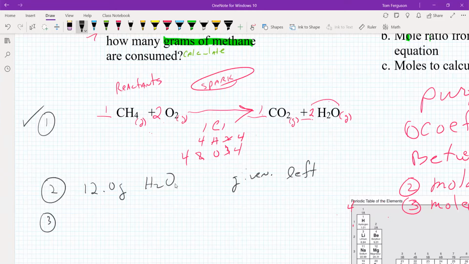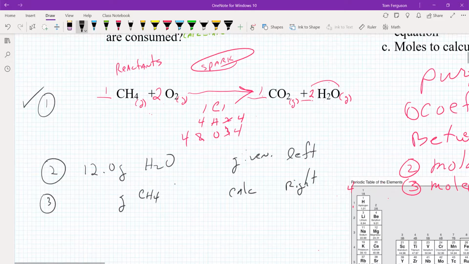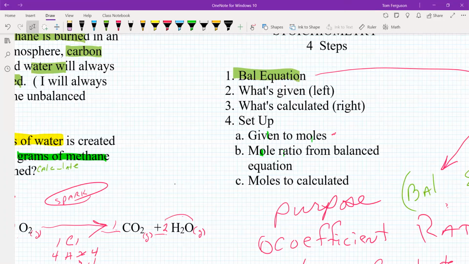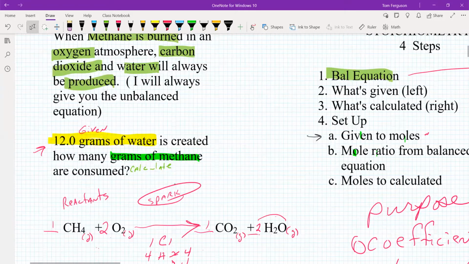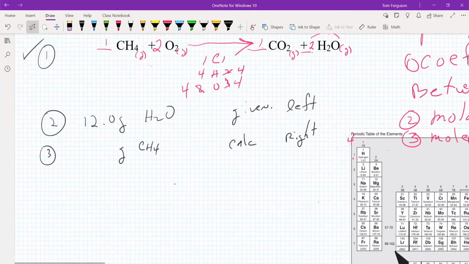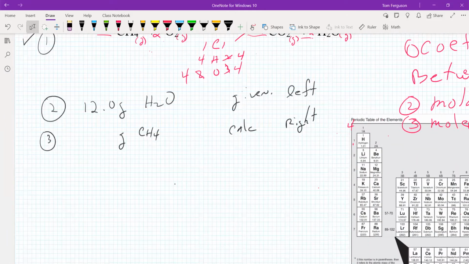What are we trying to calculate? Grams of methane. That goes on the right. So, given to moles. It's not in moles, it's in grams. So we've got to convert it to moles.